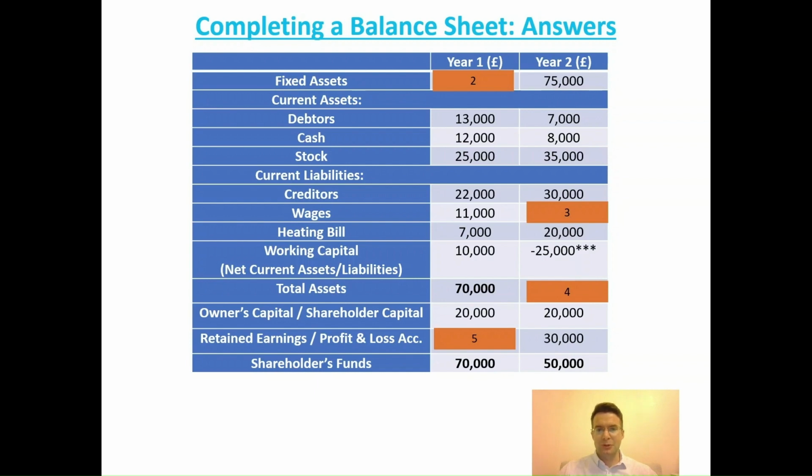So we'll work it in reverse. So 70,000 total assets plus the current liabilities of 40,000 will give us 110,000, and then we'll take away the current assets of 50,000. So 110,000 minus 50,000 will of course give us £60,000.